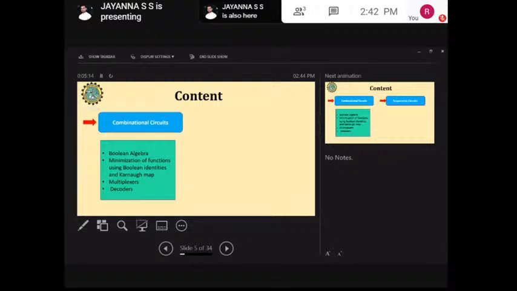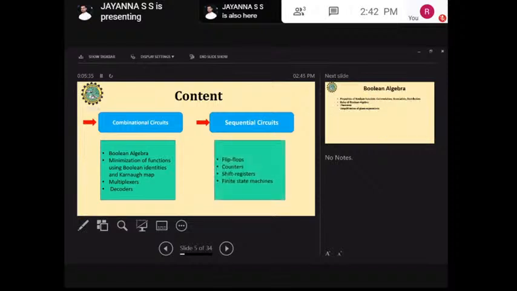In combinational circuits, I will deal with Boolean algebra, minimization of functions using Boolean identities and the K-map method, how to solve the given expression using K-map, and then multiplexer and decoder. I will also deal with sequential circuits, solving a few GATE-related problems on flip-flops, counters, shift registers, and finite state machines. These are the concepts I will cover in this session.